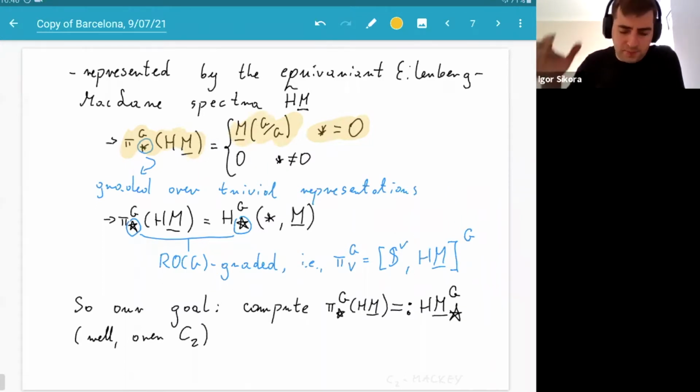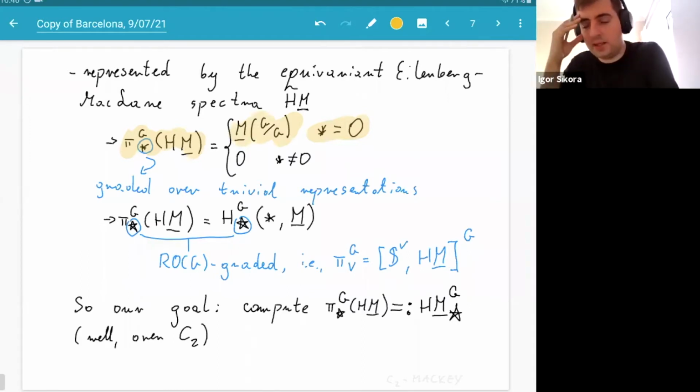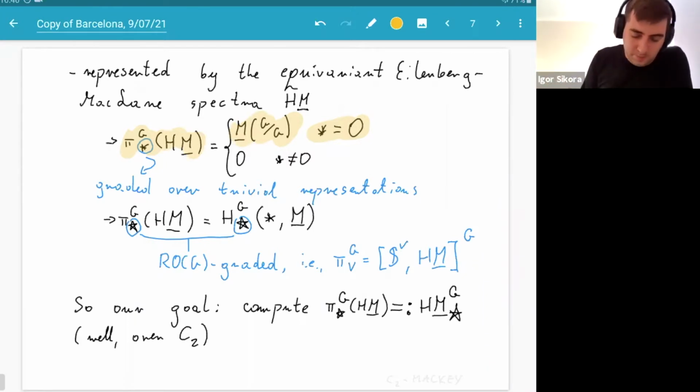And how are equivariant Eilenberg-MacLane spectra and their homotopy groups connected with Bredon homology?